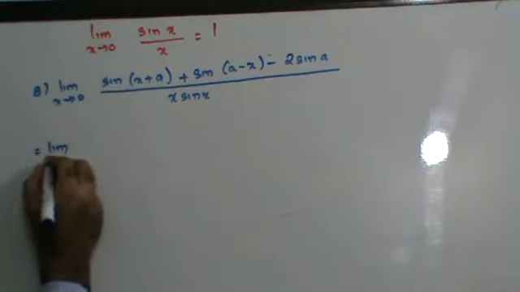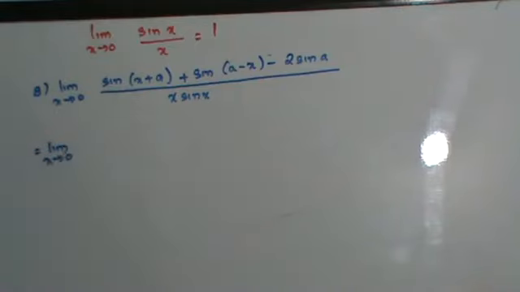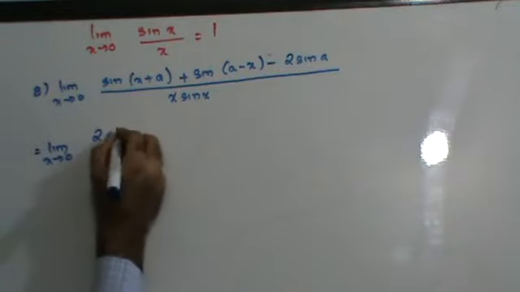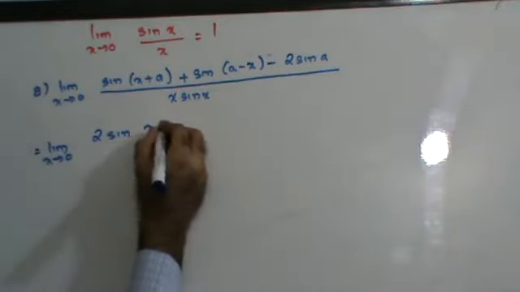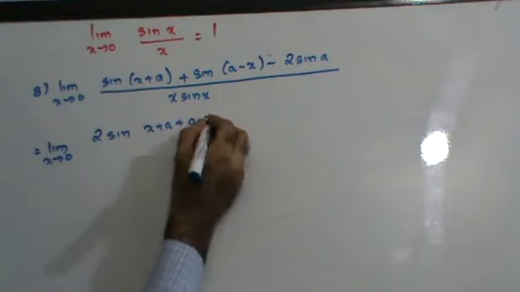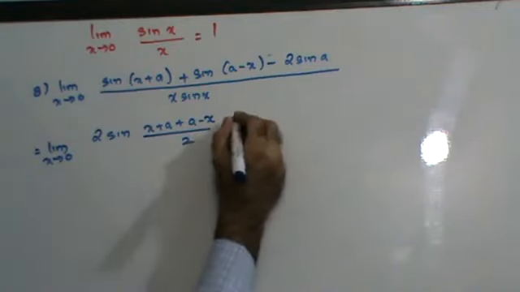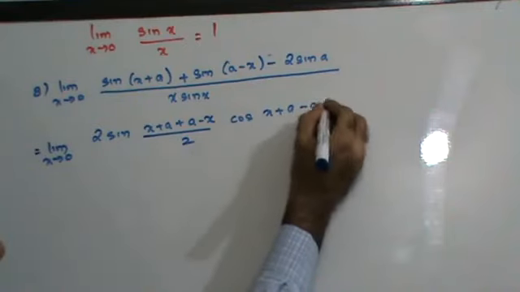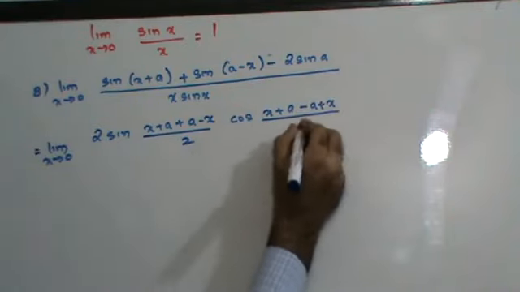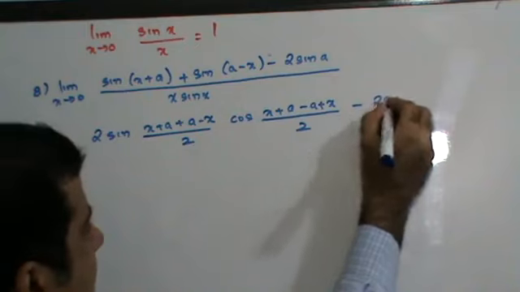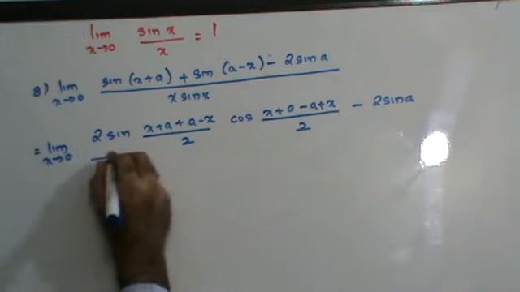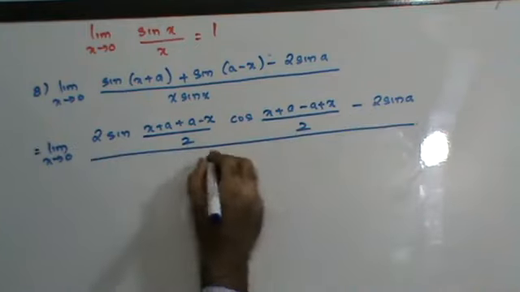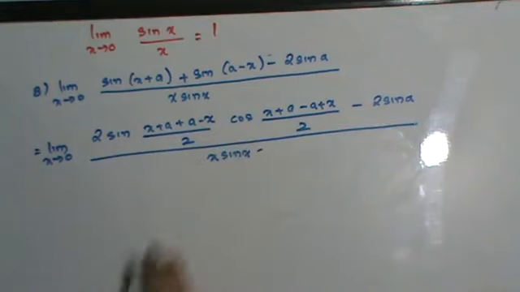Limit of x tends to 0, sin plus sin, 2 sin cos. So 2 sin (x plus a plus a minus x)/2 cos (x plus a minus a plus x)/2 minus 2 sin a. I leave it as it is. Denominator I am going to leave it as it is. x sin x. I will write the formula for your benefit.